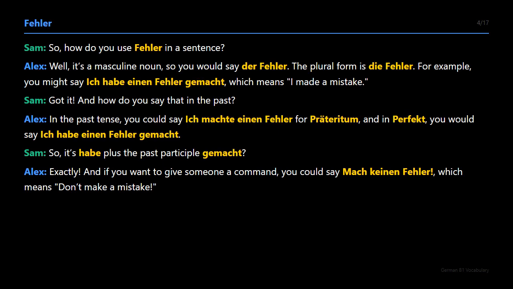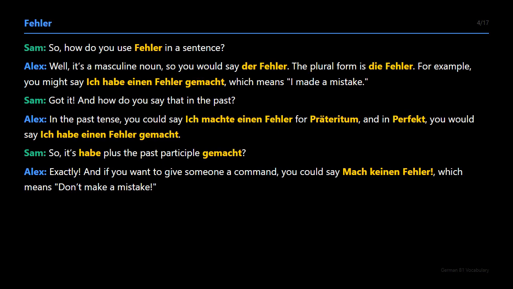Got it. And how do you say that in the past? In the past tense, you could say, Ich machte einen Fehler, for Präteritum, and in Perfekt, you would say, Ich habe einen Fehler gemacht.